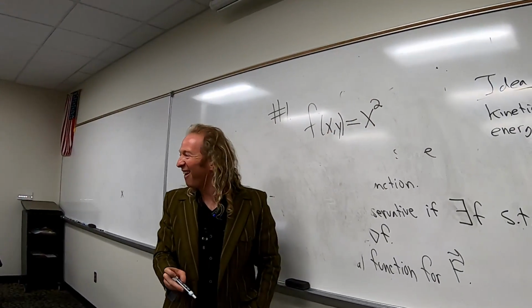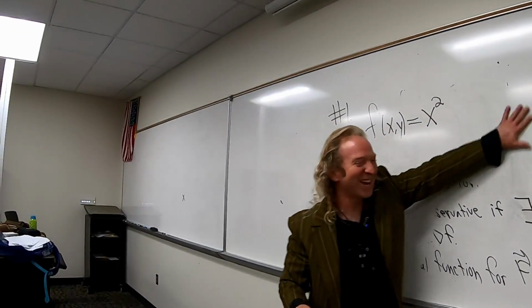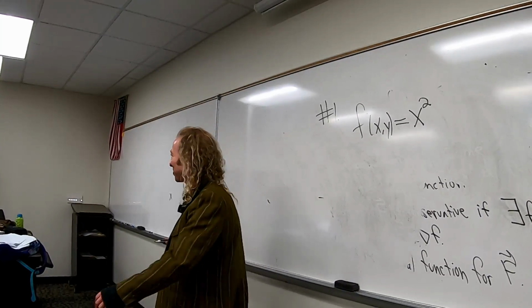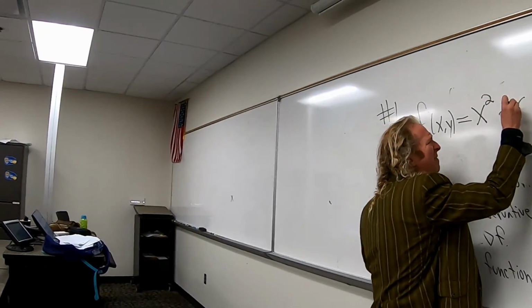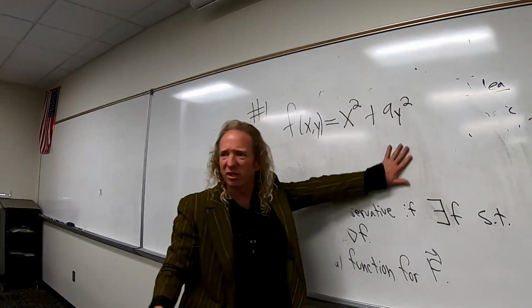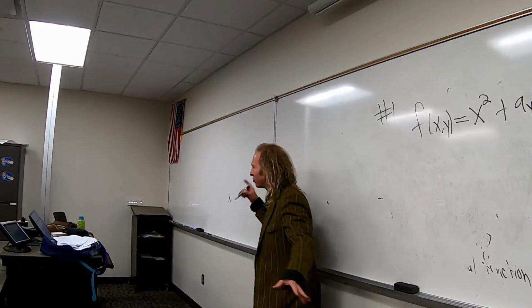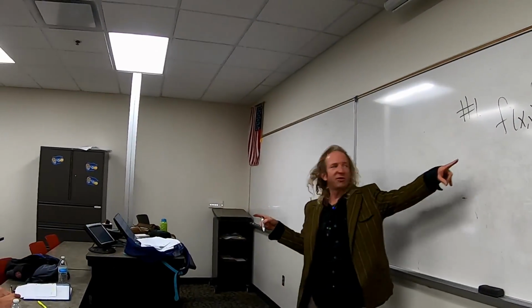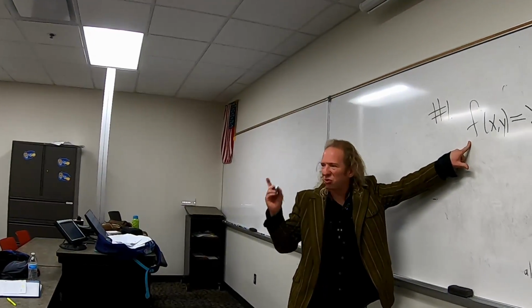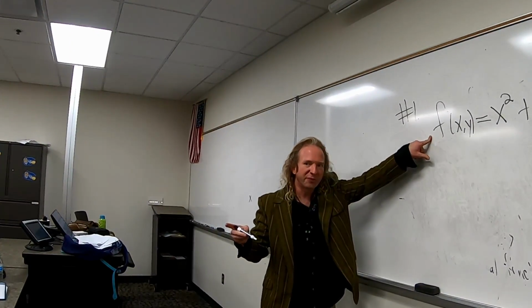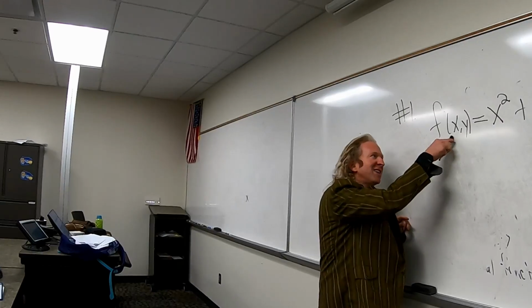Okay, so it's x squared plus something. This is an oddball question. It says find the conservative vector field for this potential function by finding its gradient. So all we have to do is find the gradient.